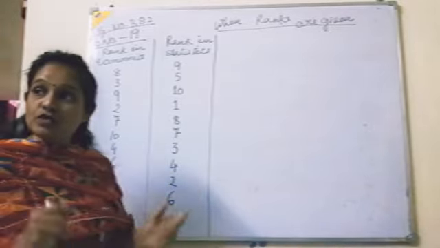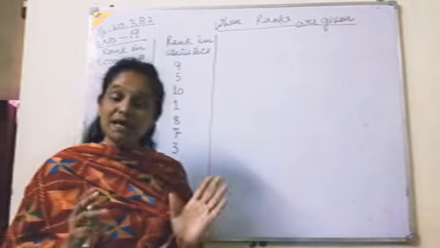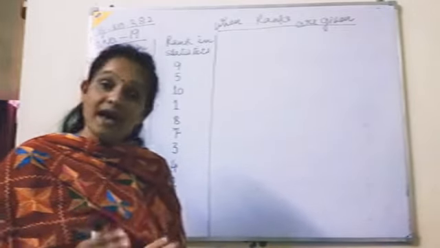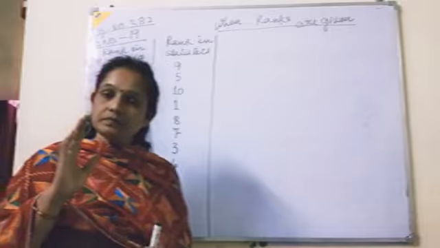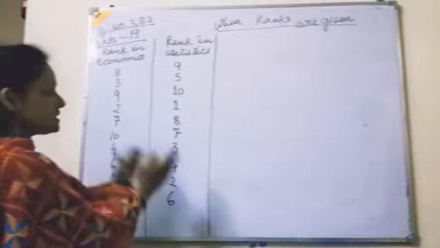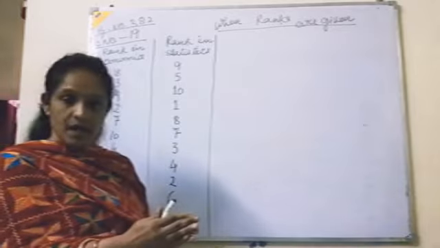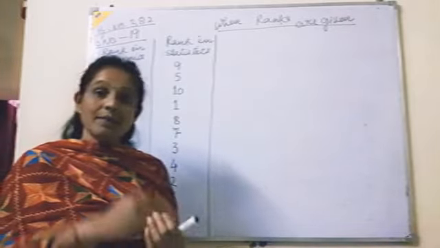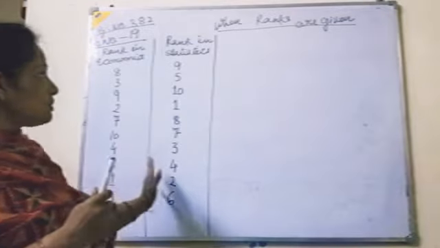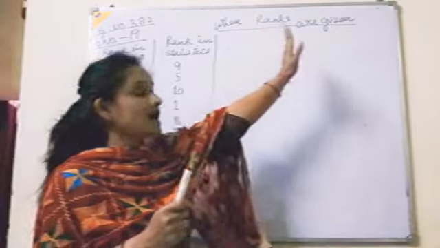All the values are either 10 or less than 10. This question belongs to the category when ranks are given, because all the values of both the series are 10 or less. The maximum rank given is up to 10.